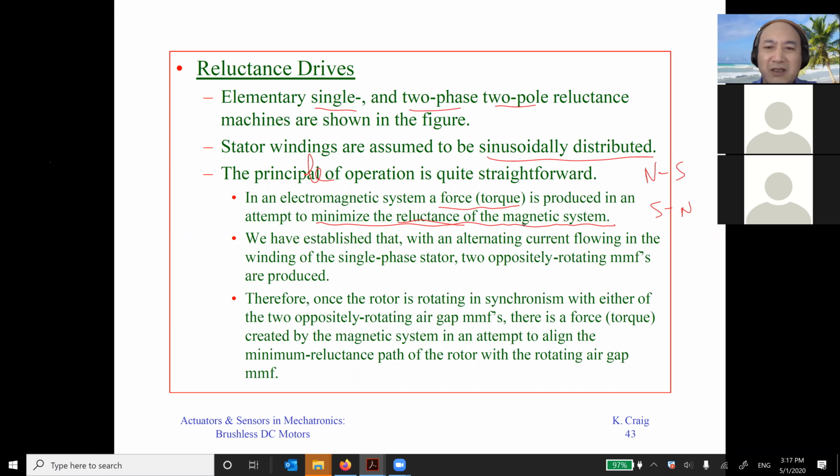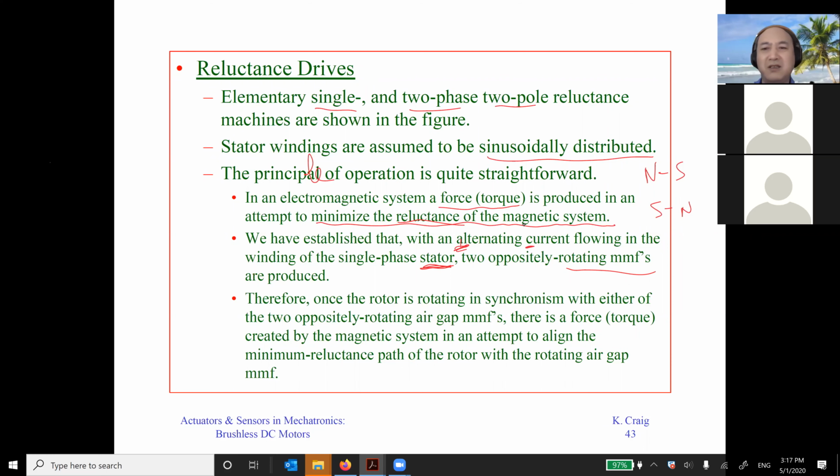We already said that we have AC here. We have AC flowing in the winding of the single phase stator, it's alternating current. And so therefore we have rotating magnetic fields produced. And you have another coil, so you have another rotating magnetic field.